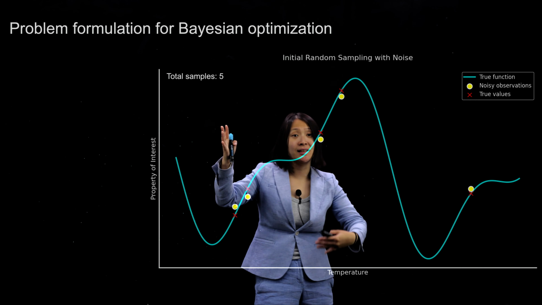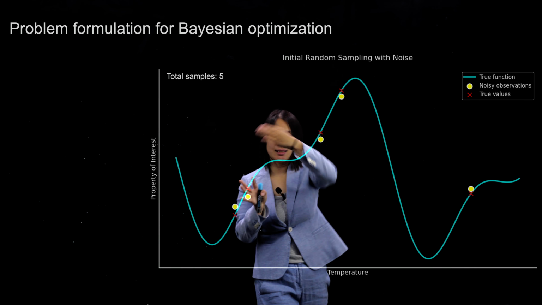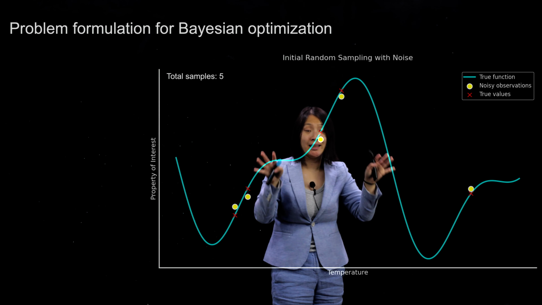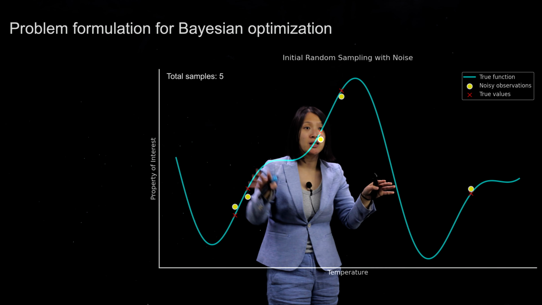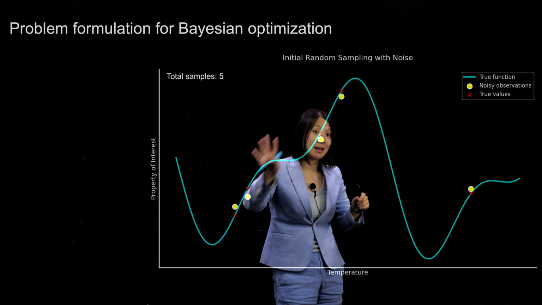But when we actually make an experimental measurement, we'll have noisy data, so they may slightly deviate from the true value. So in a real life experiment, we don't see this blue curve. We don't see the red cross. We only see the yellow points, and these are the measured property of interest from our 5 sampled data points.